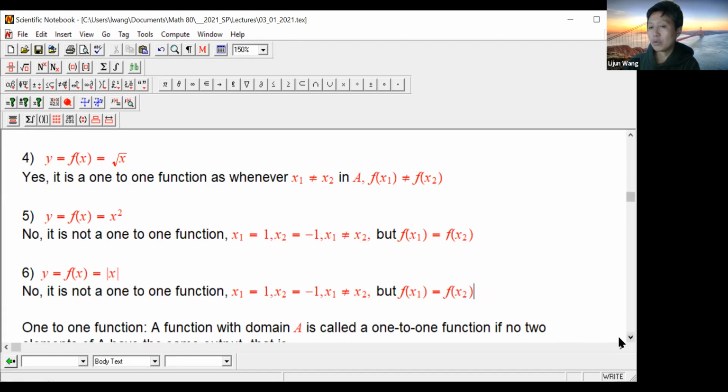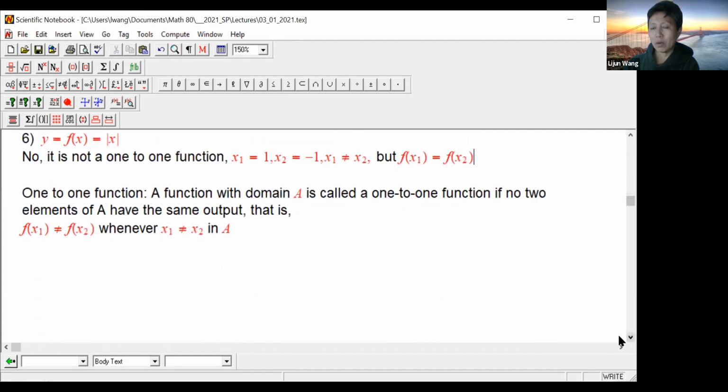So that concludes this section on one-to-one functions. We have covered 6 functions, and these 6 functions are very, very important. They are the simplest form in their categories.